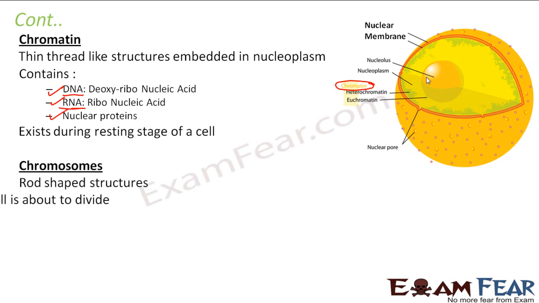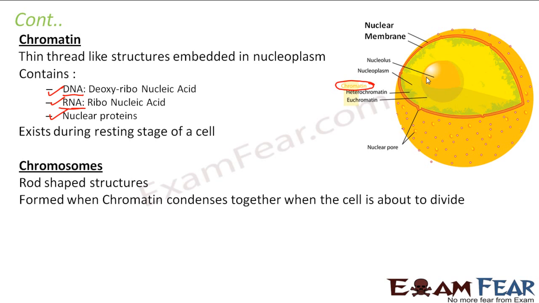Chromosomes are rod-shaped structures which are formed when chromatin condenses together when the cell is about to divide. So it is somewhat like this. Let us suppose these are the chromosomes. So this is how chromosomes look. They are haphazard, thin thread-like structures.